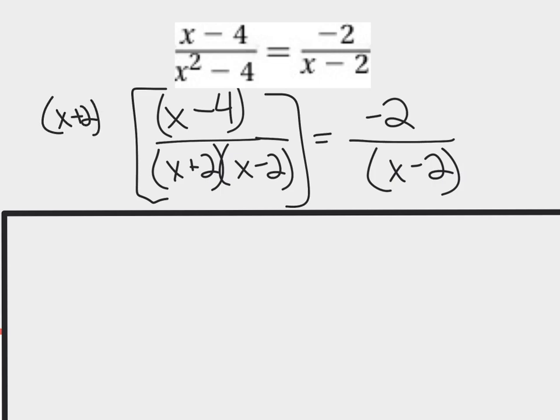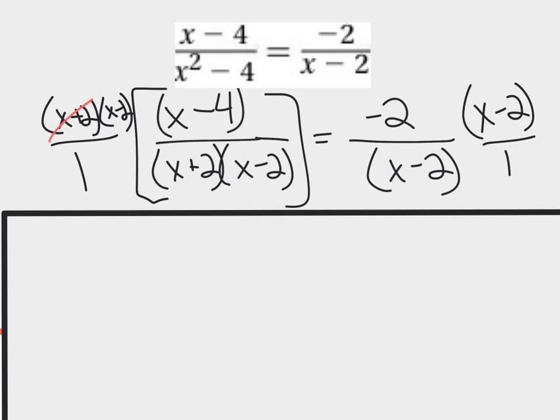On the left side, we just need to multiply then by x plus 2 times x minus 2. If you didn't have it factored like that, you might have thought, oh, I need to multiply by x squared minus 4 times x minus 2. And it should still work for you, it's just this is going to be a little bit less involved.